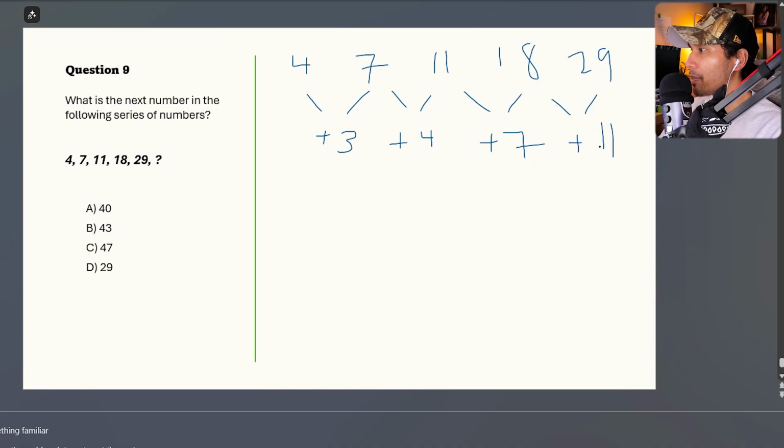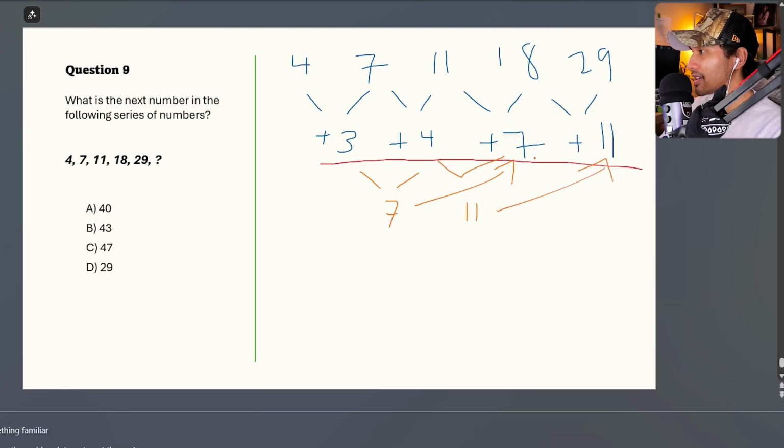Now, there's no apparent pattern here. The pattern actually happens on this level, right here. So let's go ahead and do this in orange. Plus 3, plus 4, right? 3 to 4 is 7, which is this number. 4 to 7 is 11, which is this number. 7 to 11 is 18, which is the next number in the sequence, 18.